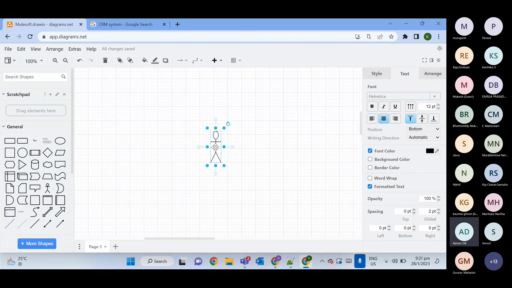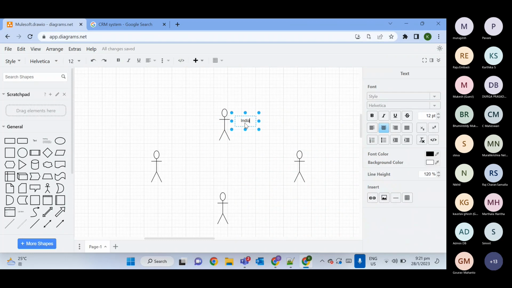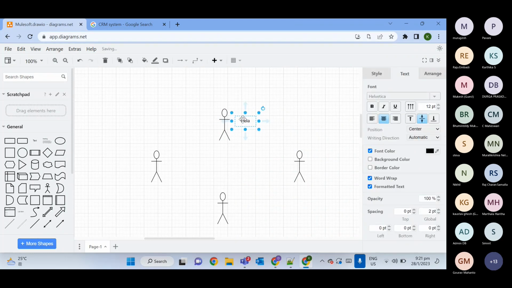So here, let's say I went to some international business place, where we are doing international business. So 4 people came here for business purposes. This person is from India. This person is from the US.